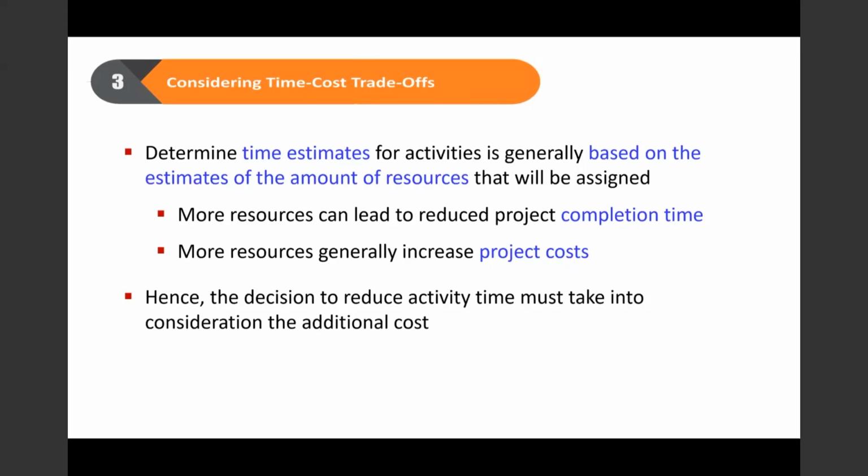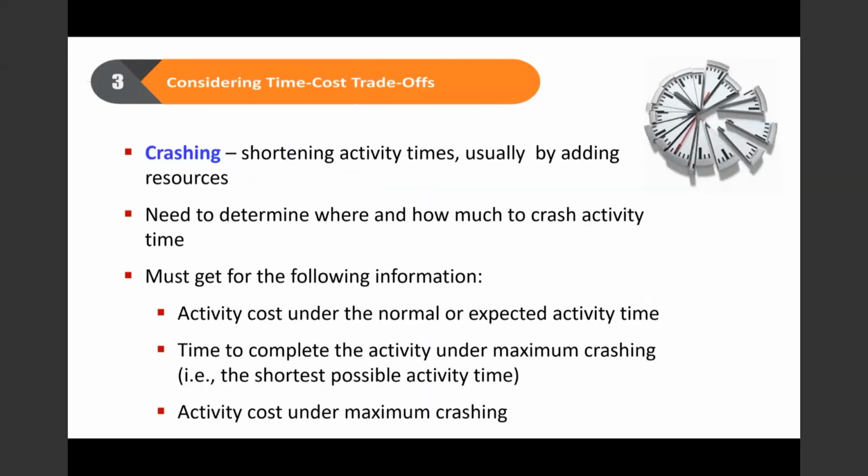As a project manager, you must make a decision that involves trading additional project cost for reduced activity times. This is where decision science comes in, the decisions that you have to make. How do you do this trade-off? The way to do it is what we call crashing.